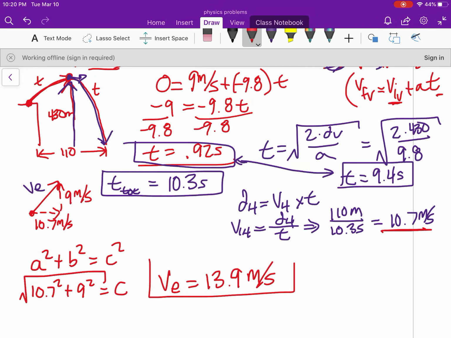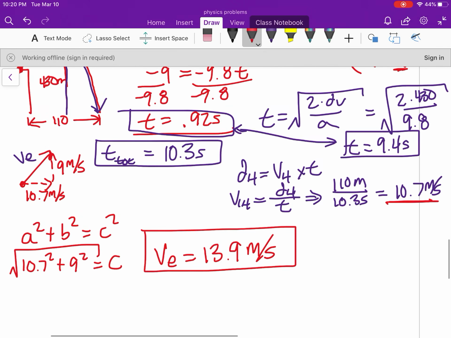So this golf ball needs to be hit at 13.9 meters per second in order to get a hole in one. And it needs to be hit at a specific angle, right? I can't just hit this 14 meters per second at any angle, it needs to be specific to this angle. So how are we going to find that? Just like we did earlier, tangent of theta equals my opposite over my adjacent.